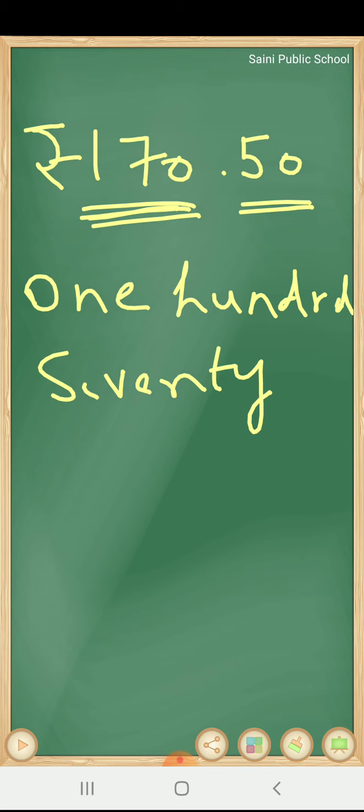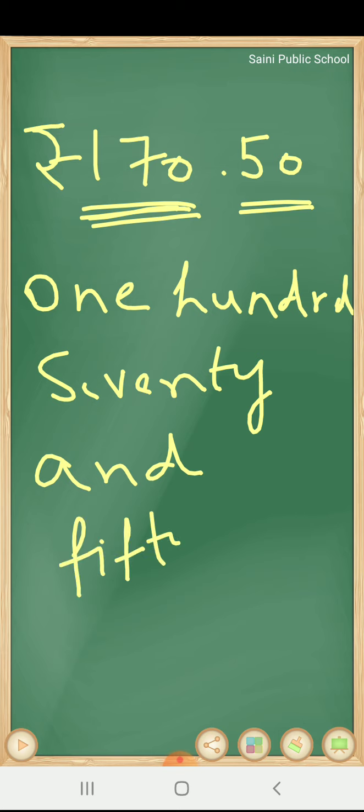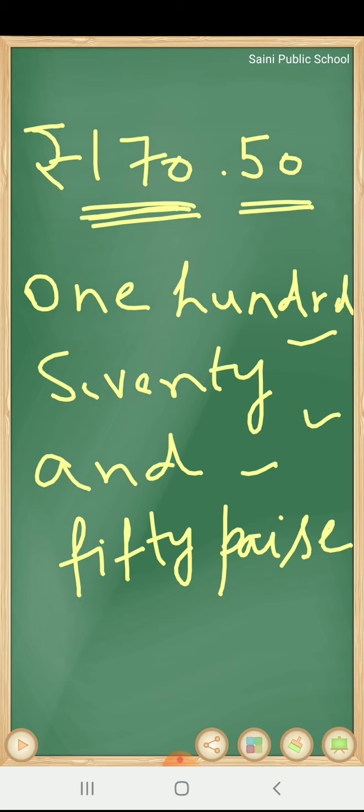We will write this number. Now 'and', and now we will write paise. How many paise? 50 paise. We will write like this: 170 rupees and 50 paise.